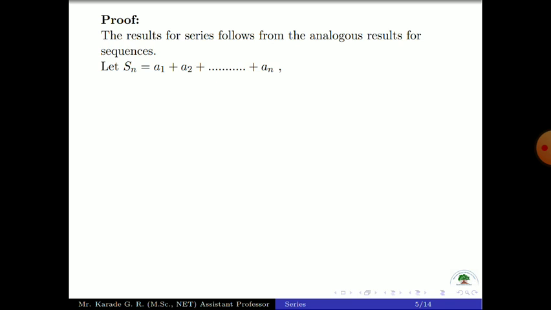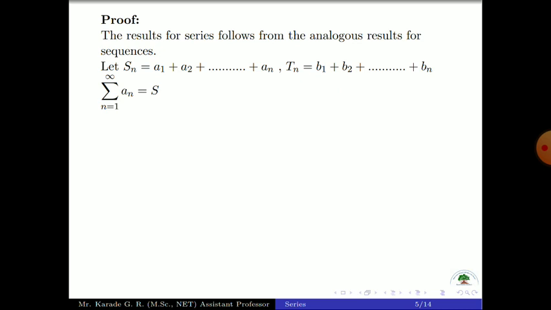Let Sn equal a1 plus a2 plus up to an be the sequence of partial sums of series summation an, and let Tn equal b1 plus b2 plus up to bn be the sequence of partial sums of series summation bn.